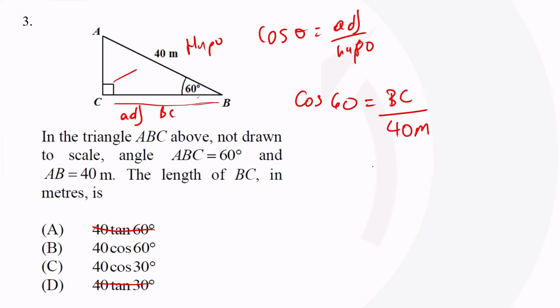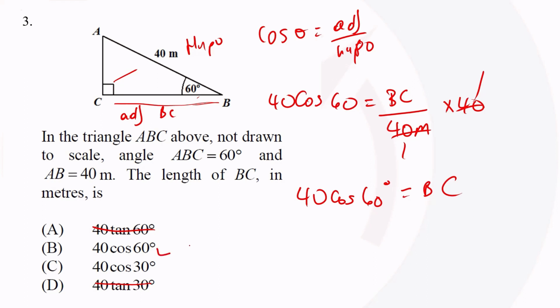To find BC, we multiply both sides by 40. Then 40 cos 60 degrees will give us our BC. So therefore, our answer is going to be B.